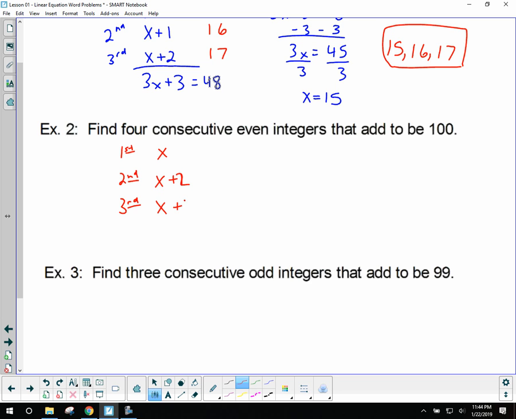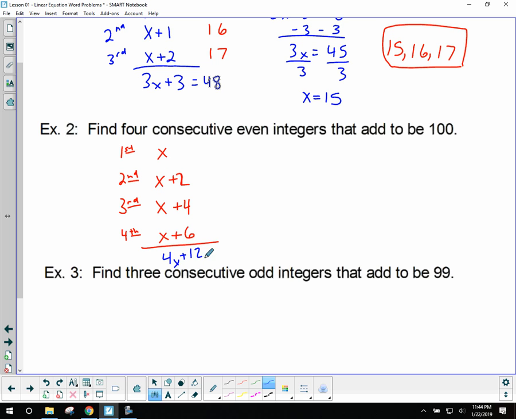Add them up. 6 and 4 is 10, plus 2 is 12. 1, 2, 3, 4 x's. All that should be 100. Sum had to be 100. So 4x plus 12, and now we're just solving.